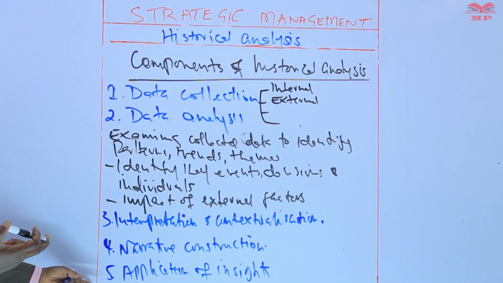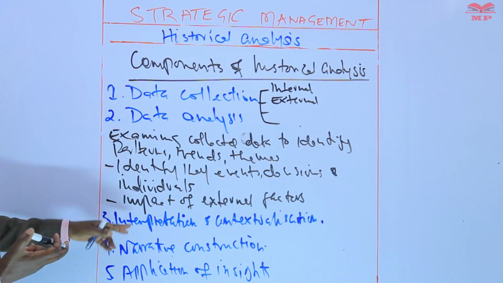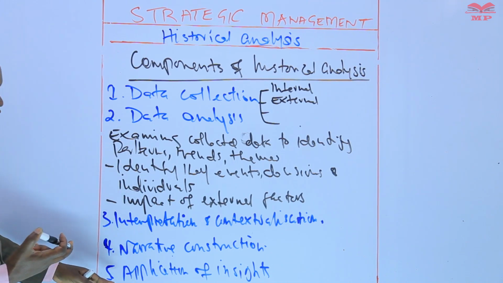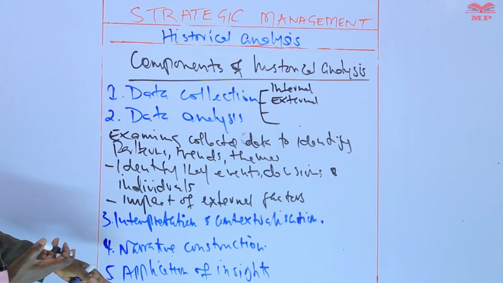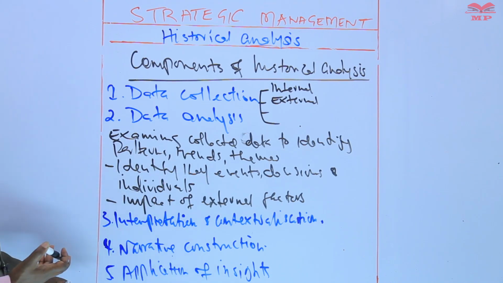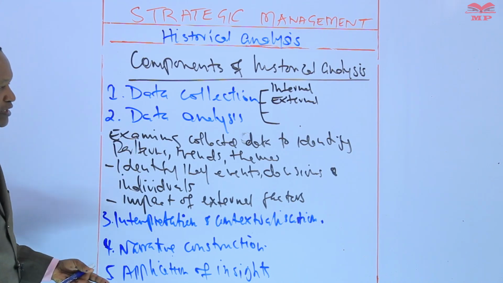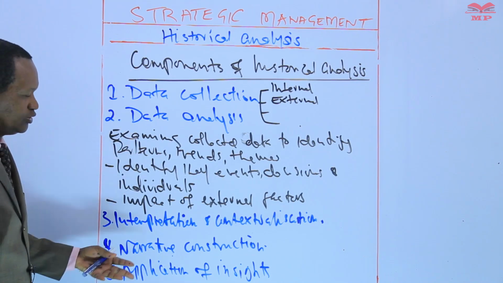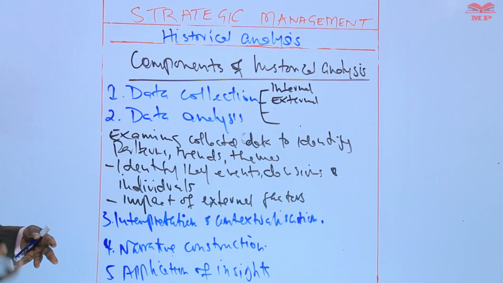Lastly, this historical analysis can be used in various ways, what we are calling application of insights. The reason for historical analysis is to gain insights into a company's history, which can then be used in strategic planning, in organizational development, and in many other ways.